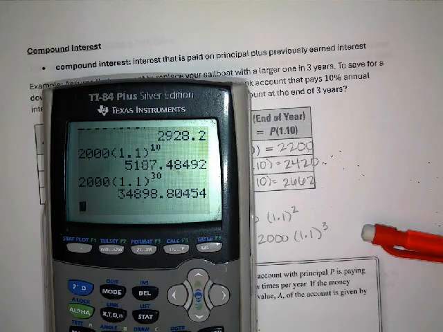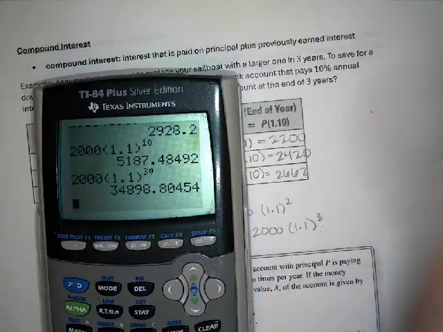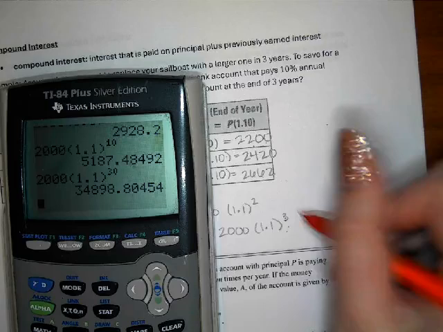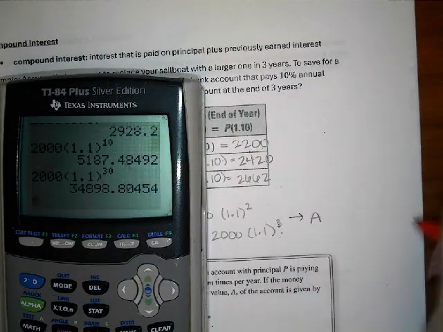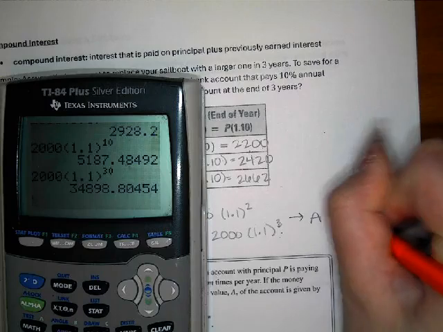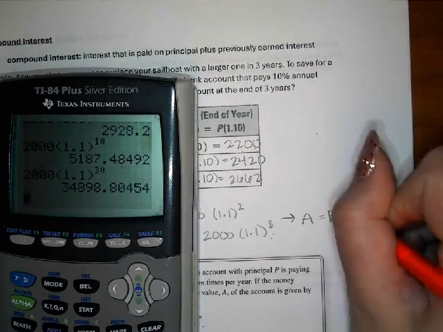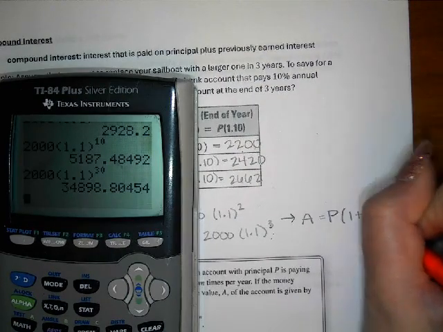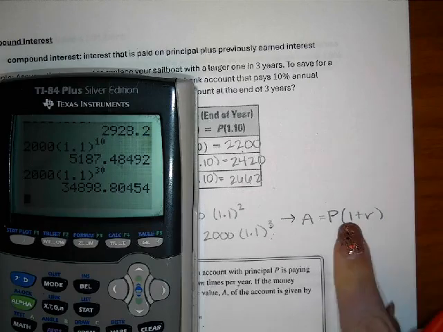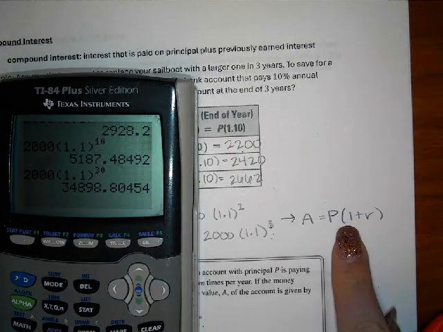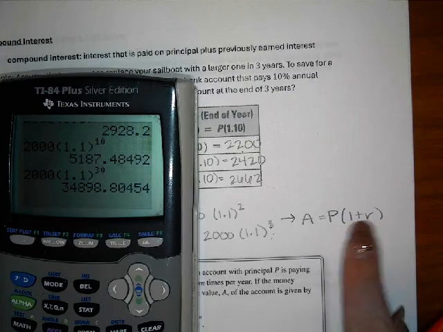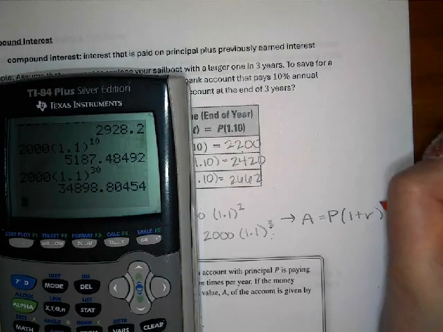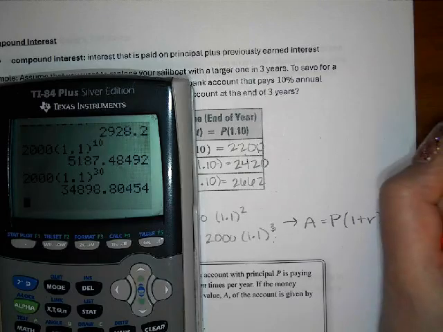So we have a formula here, and the formula that we have is that the future value is the principal multiplied by 1 plus the rate. This is where we get the 1.1 from. We had 100% plus 10% was 1.1 raised to t, and t is how much time has passed, how many years have passed.